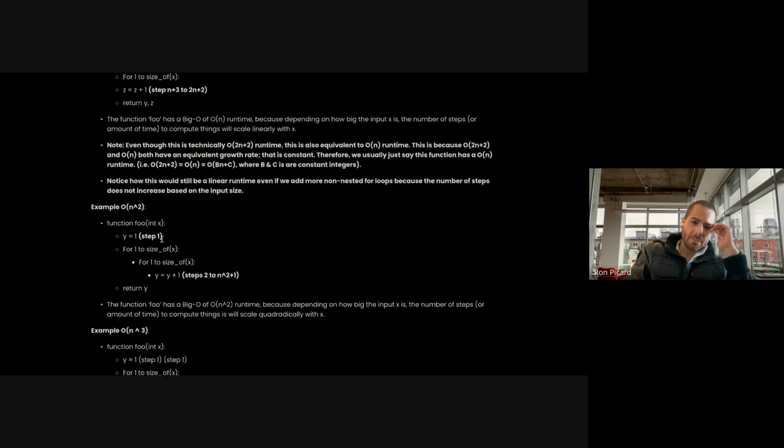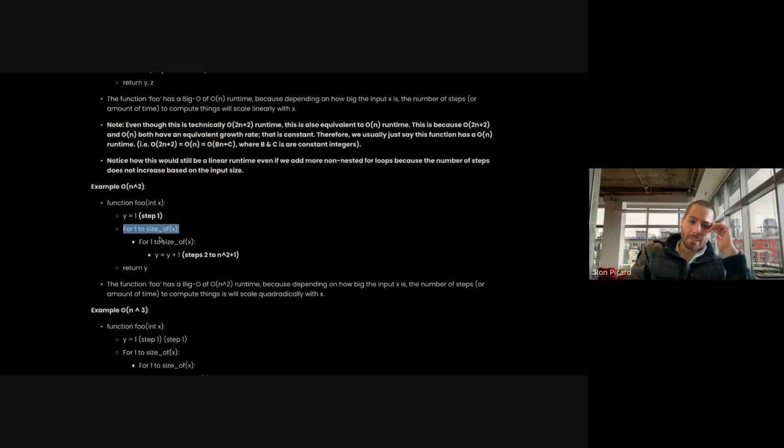Here's another function, and now we get to our first nesting of for loops. So this is the first polynomial time algorithm, where we now have to loop through every element x squared number of times. Whatever x is, we now have to do it x squared number of times.